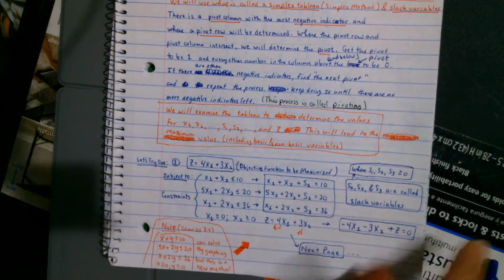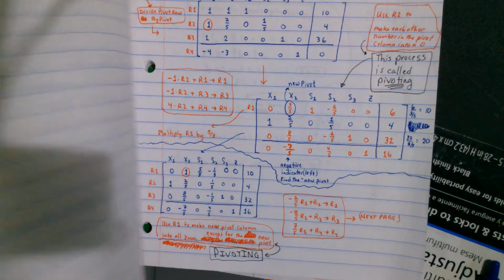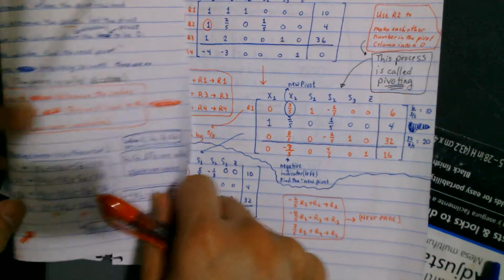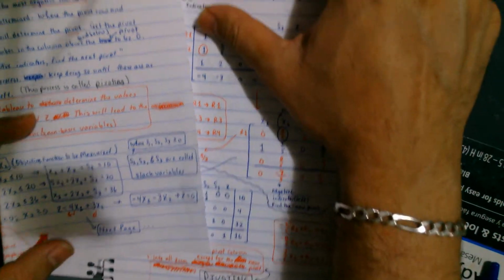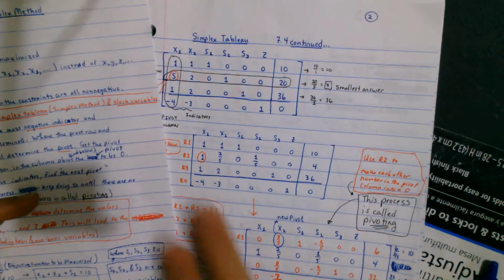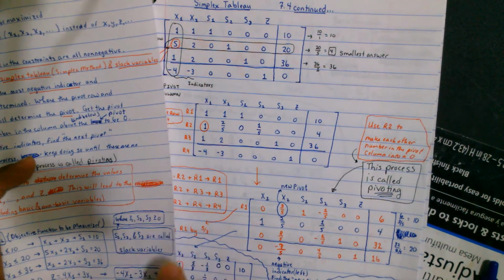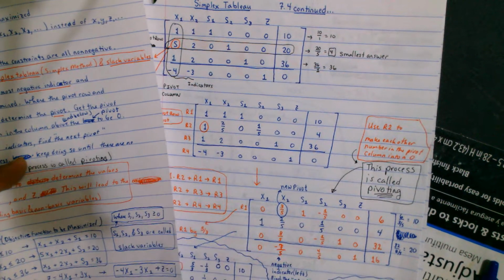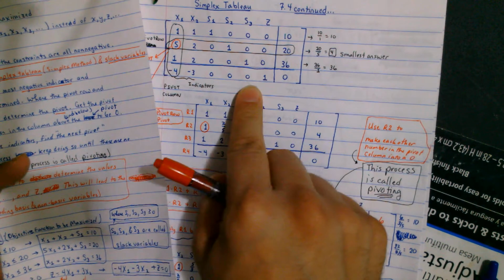So keep in mind these values. So you're going to put these four into 4 rows.